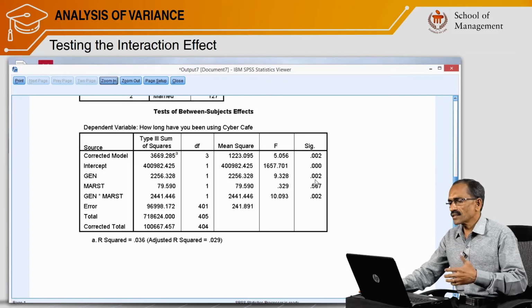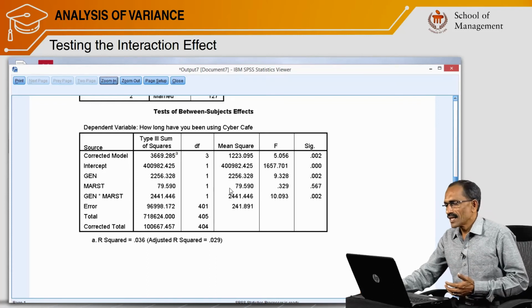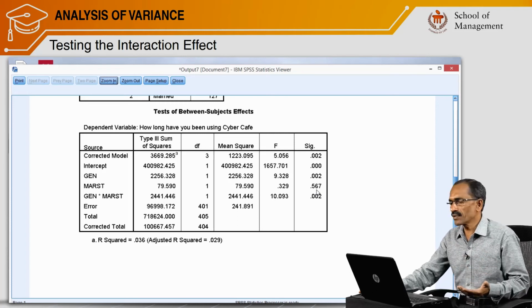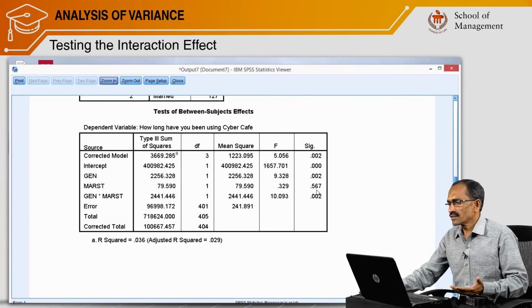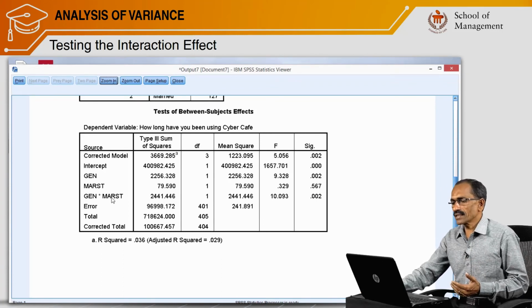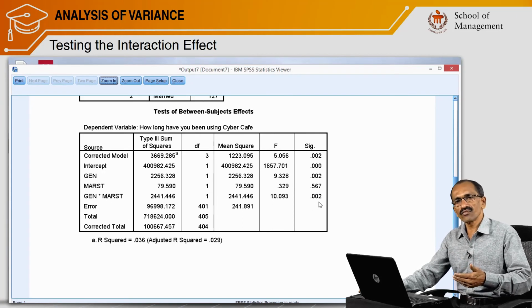That means that either male or female may be most frequently visiting the cyber cafe. And for marital status, we cannot conclude whether it is married or unmarried people; it is indeterminate. And this shows the interaction effect: gender interacts with marital status, which is statistically significant.